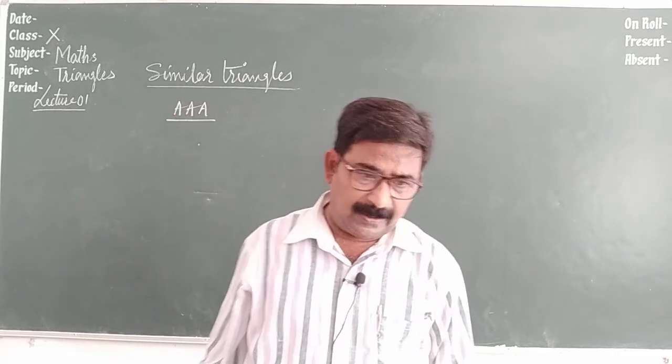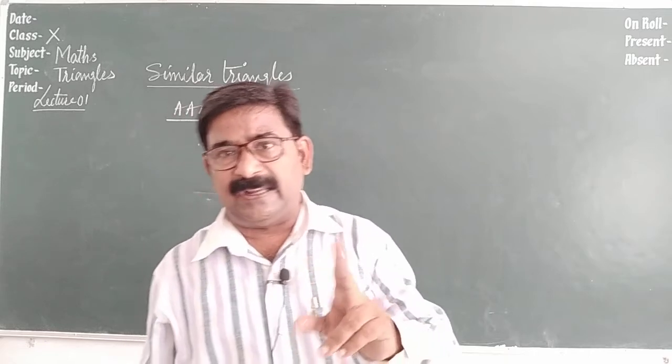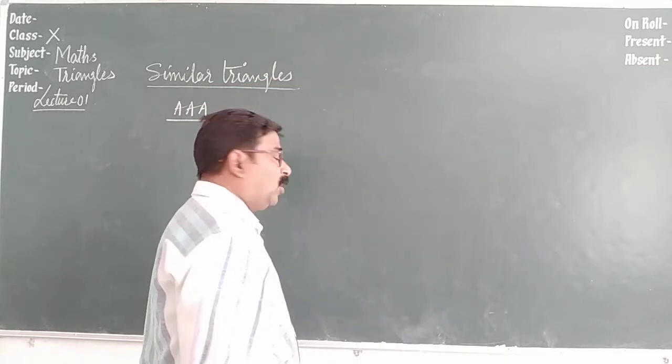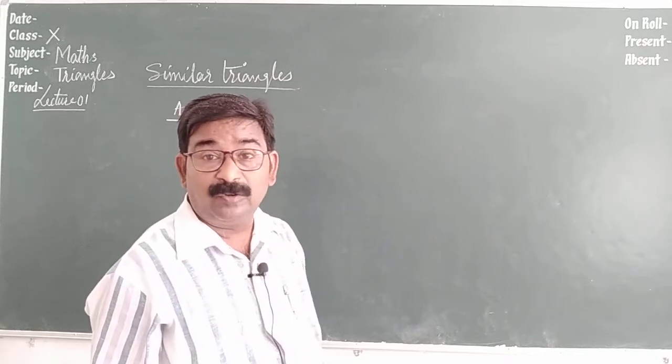Now try to understand. If two of the angles in a triangle are equal, then automatically the third angle will also be equal.